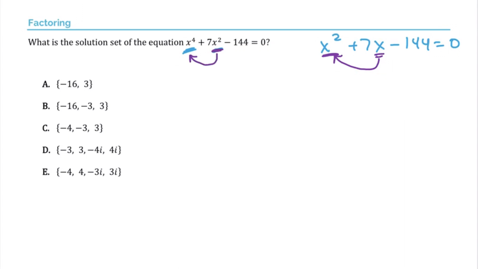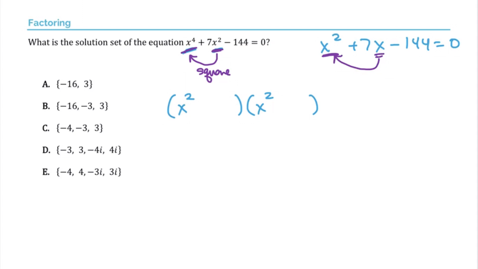X squared, if we square it, becomes x to the 4th. So all that we have to do when we factor is instead of having an x plus or an x minus, we have an x squared and an x squared. So again, the challenge here is recognizing that you are allowed to factor this expression.